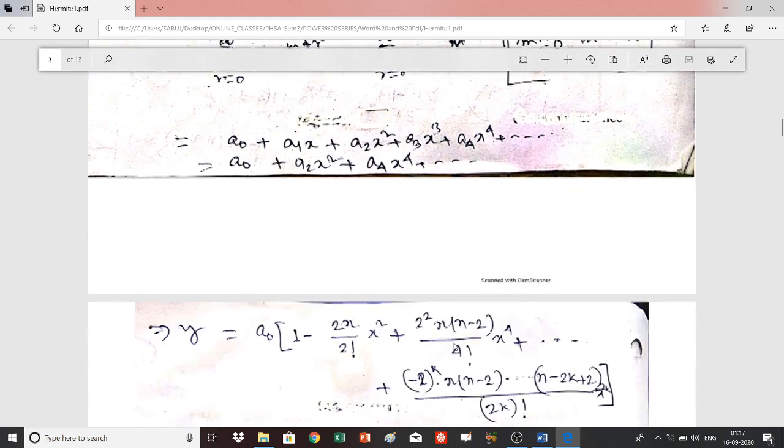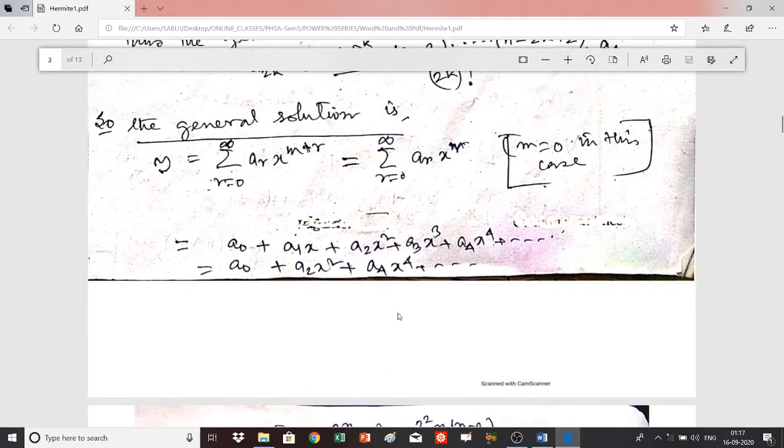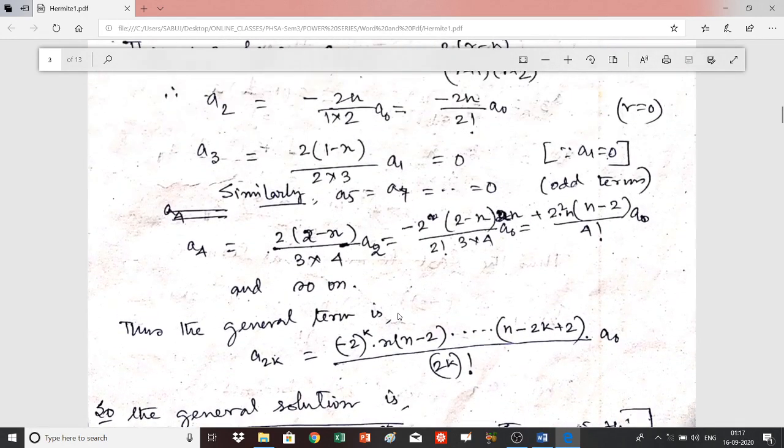So now substituting the values of a0, a2, a4 in this relation, you will have y is equal to a0 times: first term 1, the second term, for a2 it was minus 2n by 2 factorial into x squared. See here, all of them are calculated here.